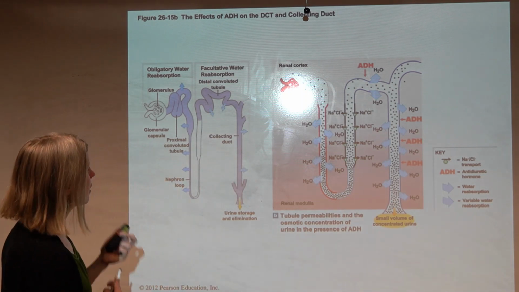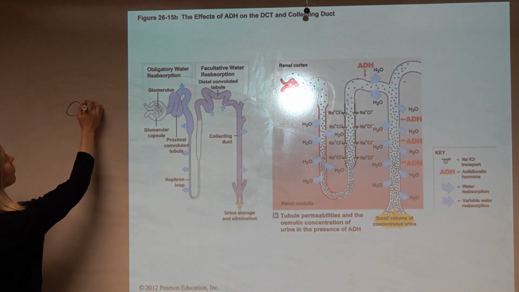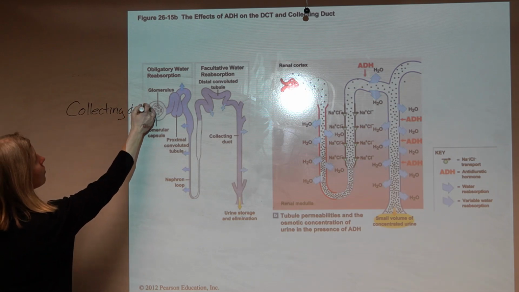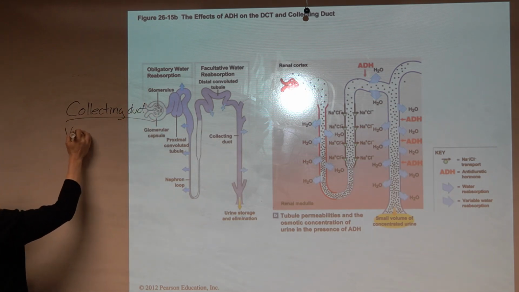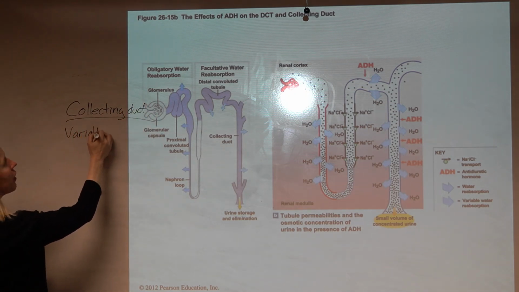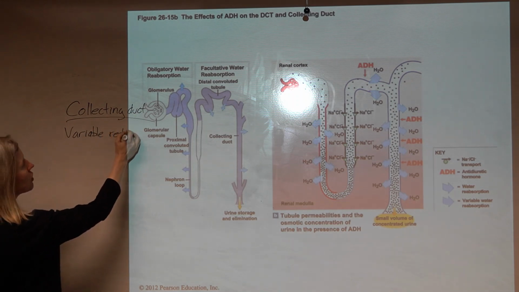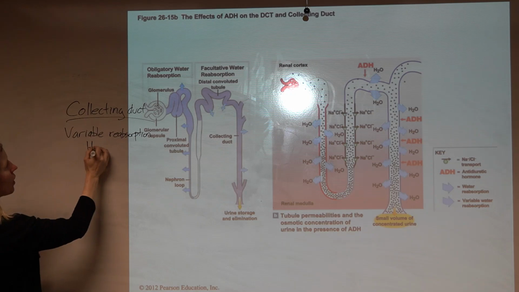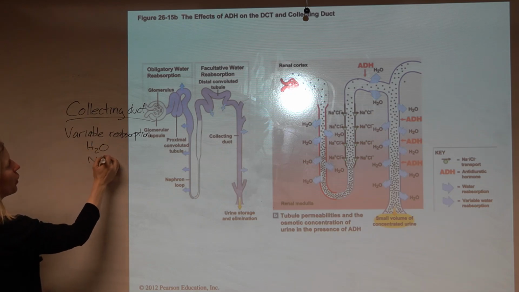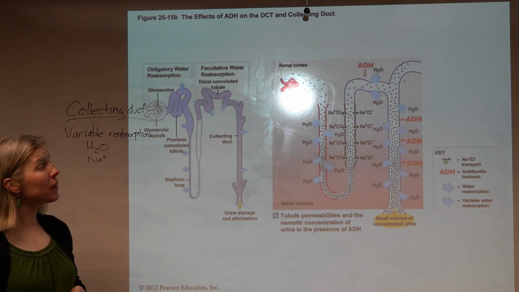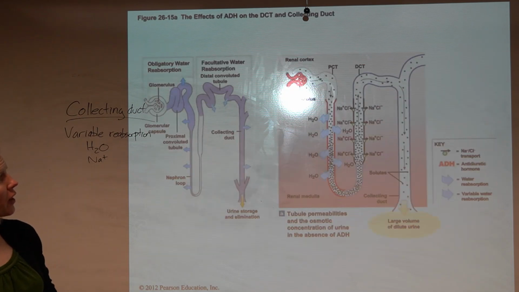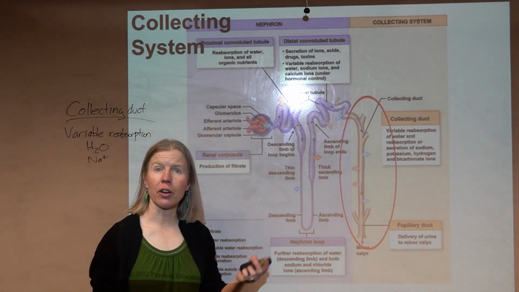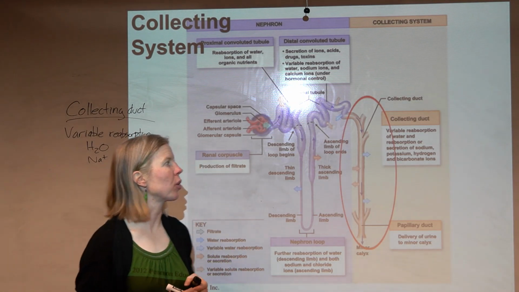So in the collecting duct, definitely think variable reabsorption of things like water, sodium, etc. Right? So aldosterone does work here. I don't have another good picture. Aldosterone does work here as well and tells us to reabsorb sodium.